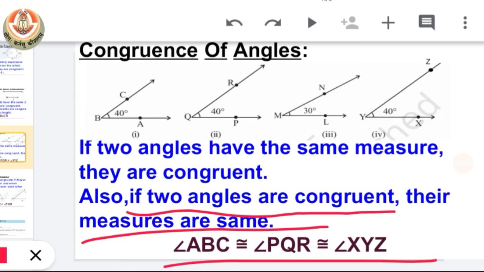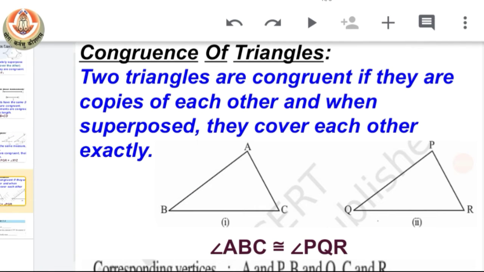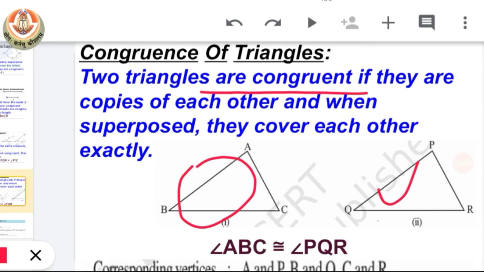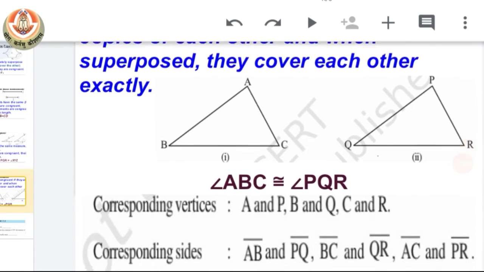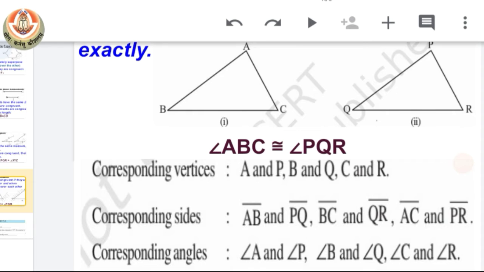Now if we talk about triangles, congruence of triangles says two triangles are congruent if they are exact copies of each other. That means when we superpose one triangle on the other, they completely cover each other, as we learned in the case of plane figures. Now you can see here we have two triangles ABC and PQR.